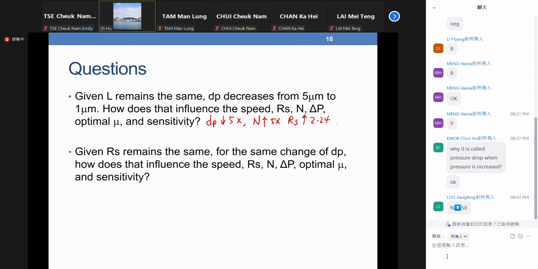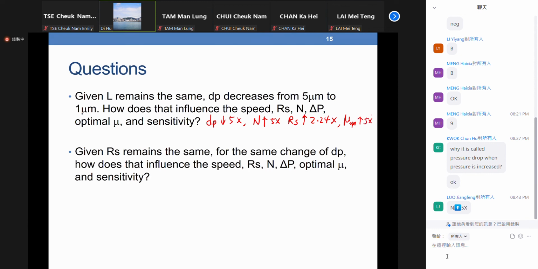And then how about the mu optimized? It's very easy, right? Don't be shy. How about the optimal linear flow rate? Does it increase or decrease? Increase, right? I see the answer, increase by 5 times.